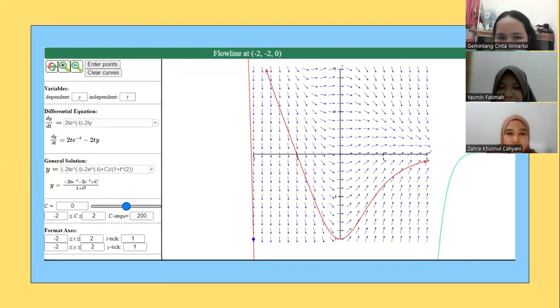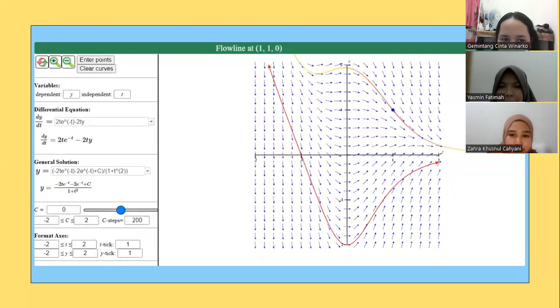Okay, if we choose negative 2 for t, and negative 2 for y, and 0 for c, and then substitute to the y prime equals to 2t e the power of negative t minus 2ty, we got this graph as the result. Here we have the result is 0.6, and then here the graph.